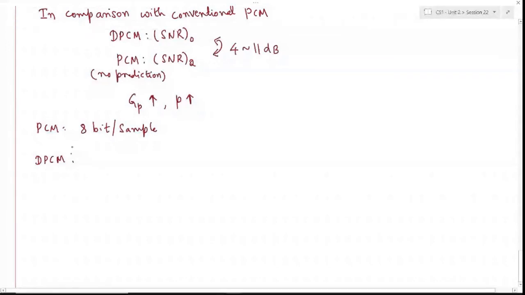There could be simply 4 bits per sample due to the reduction in the amount of samples itself. Okay, so that's how I can talk about the process involved in DPCM.